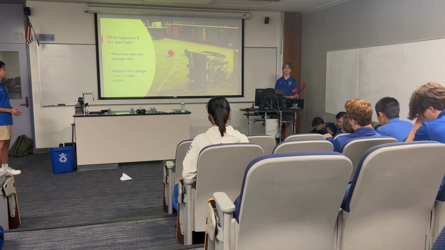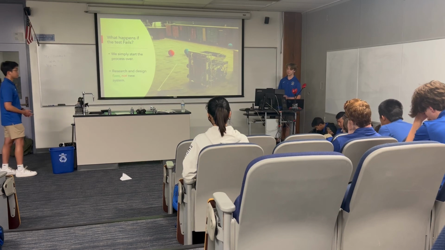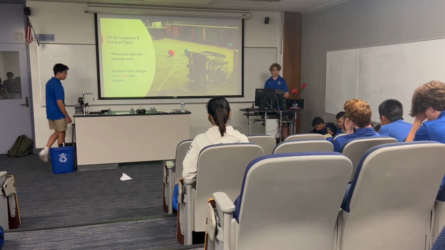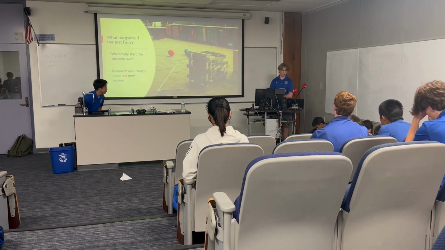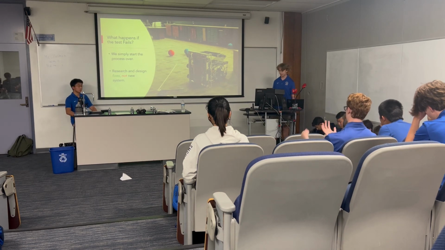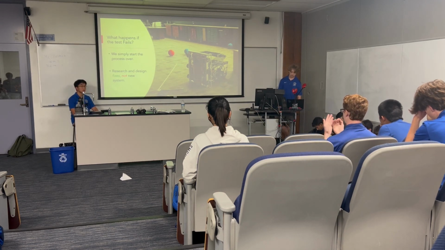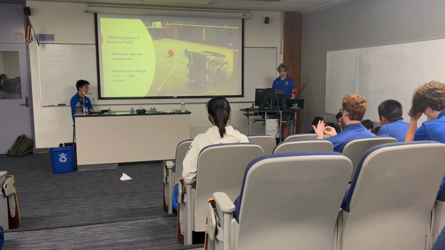It's time efficient. You'll have a significantly more refined system doing it that way, and you can go and perfect little details if you have time as the build season goes on. So by competition, we should have a very nice, very refined robot that should be working at maximum efficiency.